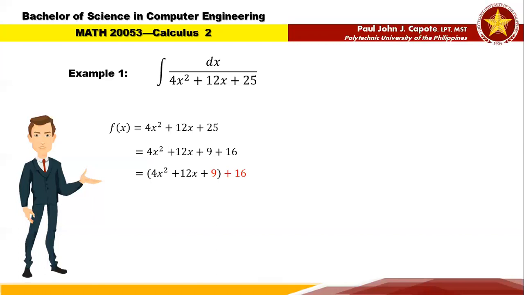Now we apply the associativity rule in this part of the solution. We associate 4x squared plus 12x plus 9. But why associate these first three terms?